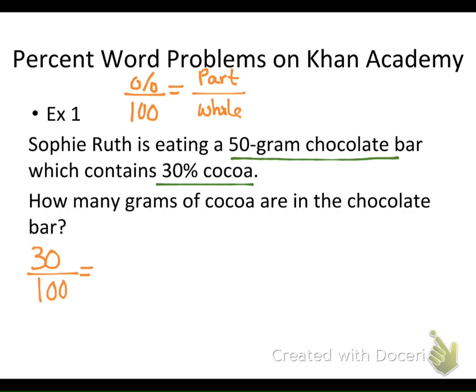The next part is asking how many grams of cocoa are in the chocolate bar. So I have this other number up here, 50-gram chocolate bar. Is the 50-gram chocolate bar going to be the total weight of the chocolate bar or just part of the weight?